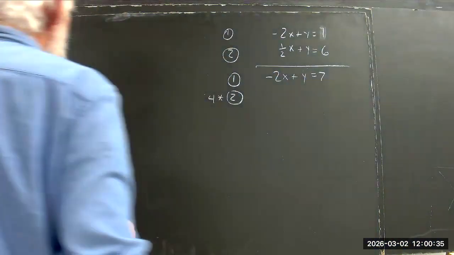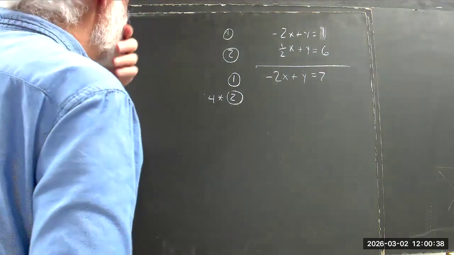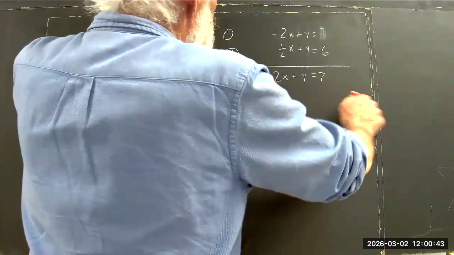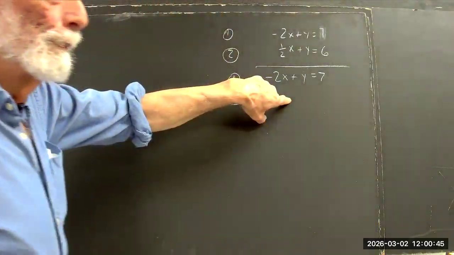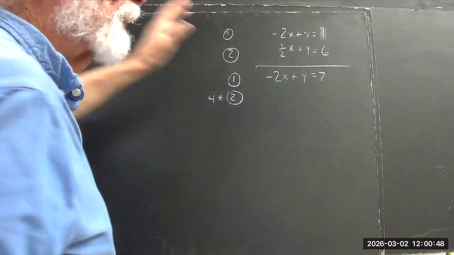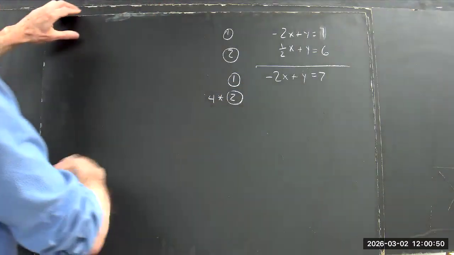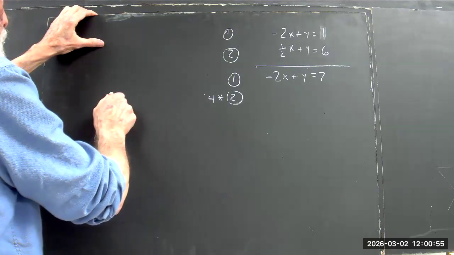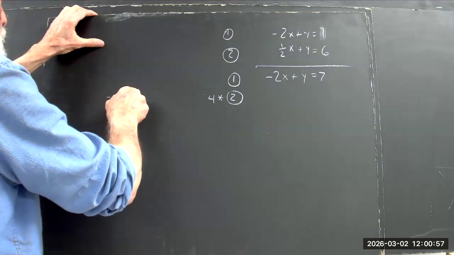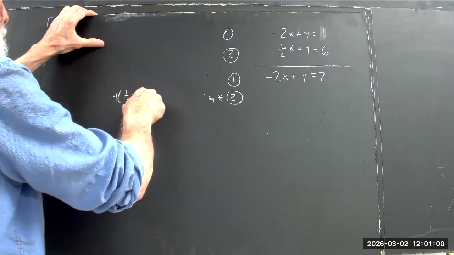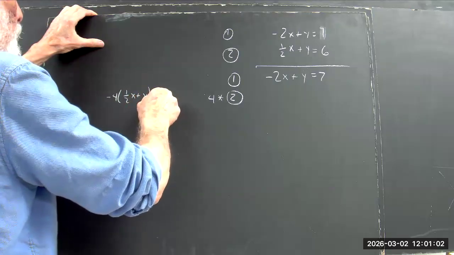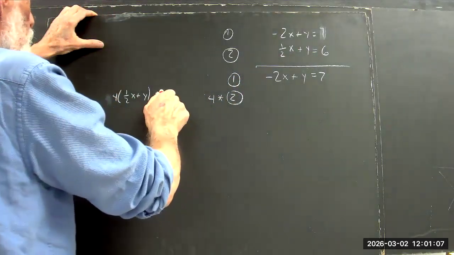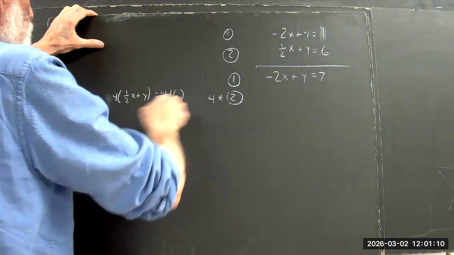Okay, now, one thing before you get started, you don't want to write out 4 times 1/2 x plus y equals 4 times 6 here. Okay? Write that off somewhere else. Somewhere else in your paper where you're not going to have to do much of anything with it. So I'm just going to write it here. 4 times the left side, 1/2 x plus y equals 4 times 6.